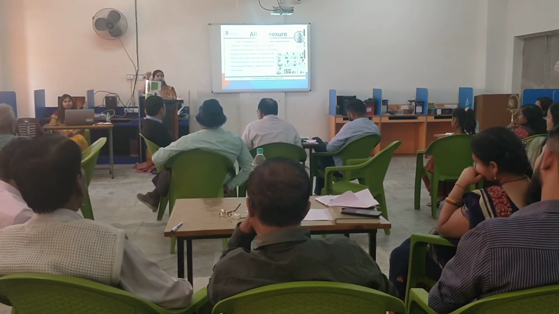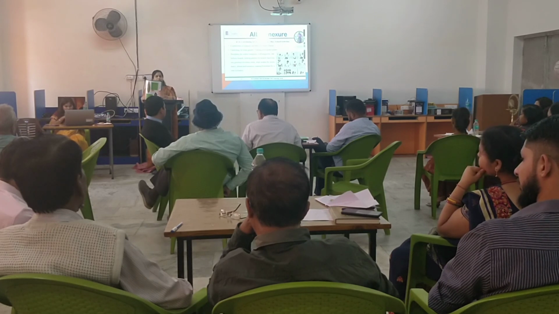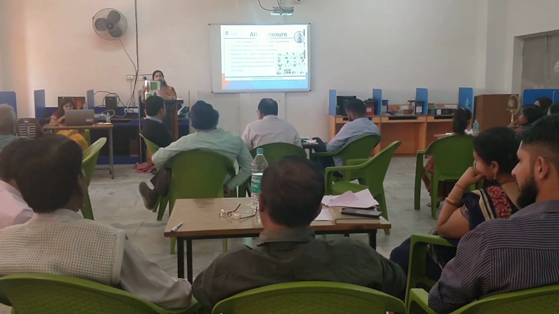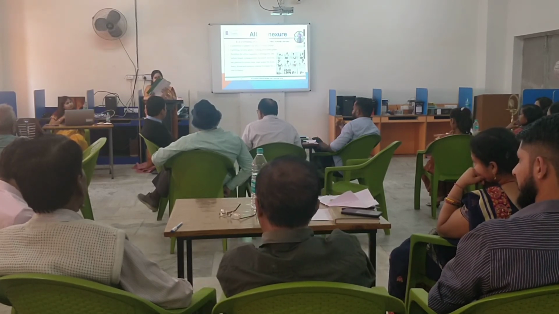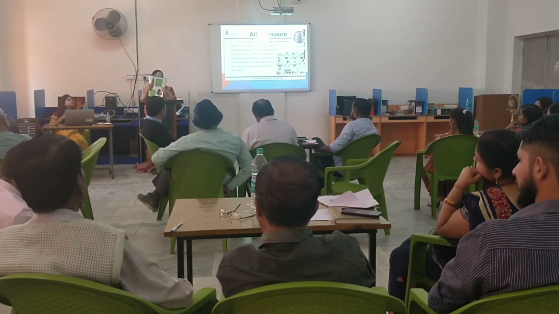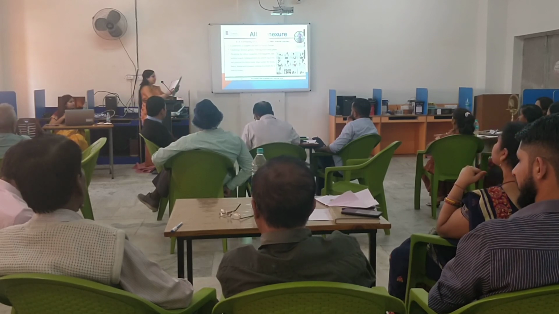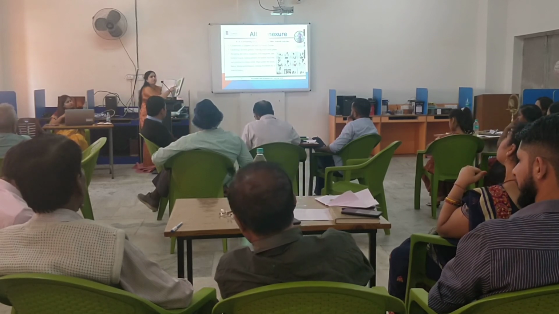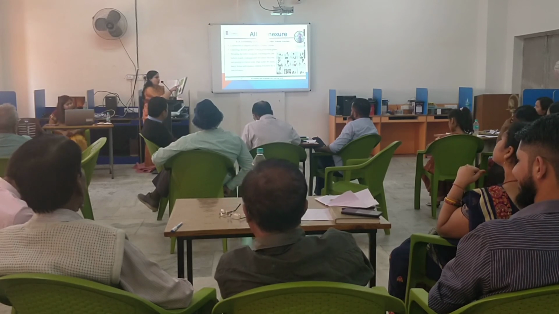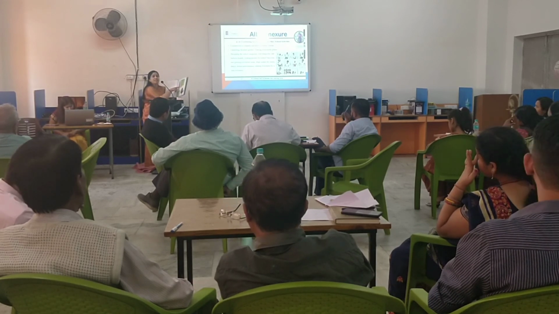When we talk about reticulate venation, the root will be the tap root. For that they collected different types, this is the mango leaf, then the mulberry leaves. Here the student writes the systematic position along with the phyllotaxy and the venation.